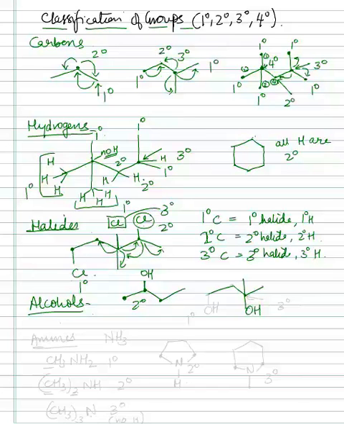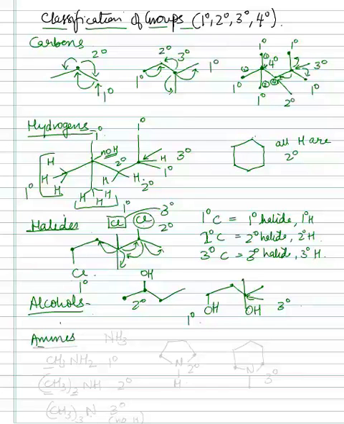This alcohol would be considered a tertiary because this is connected to 1, 2, 3 carbons. Okay, that's what this carbon is connected to, so this is a tertiary alcohol. If I were to put an OH over here, this would be classified as primary alcohol. Again, it's the same thing, okay, as with the halides.